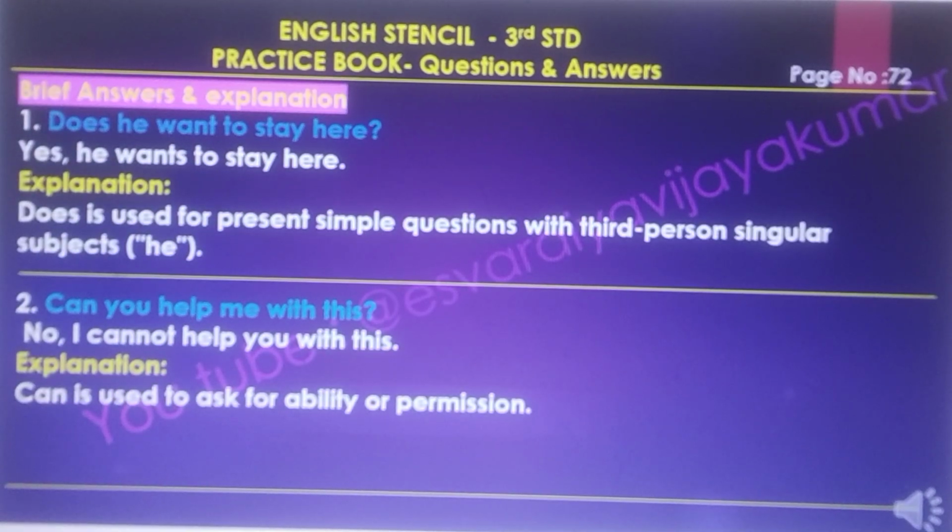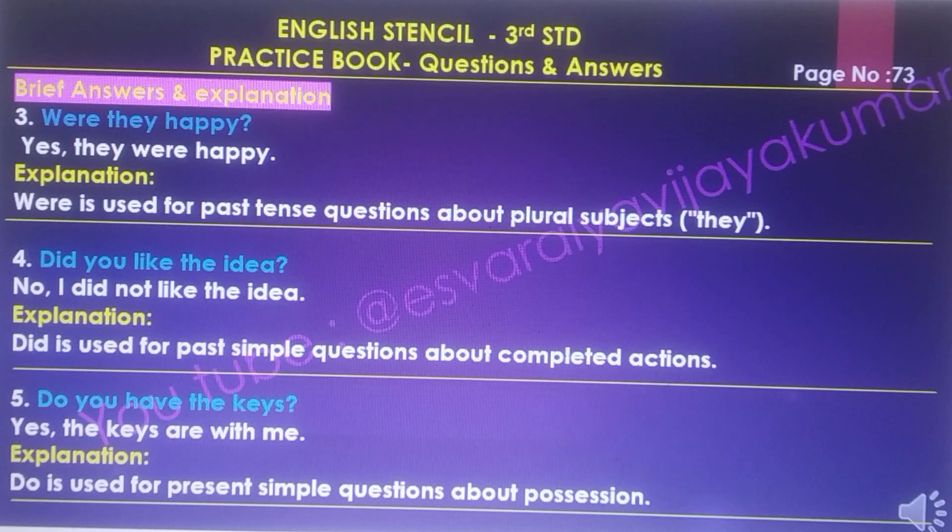The explanation of these questions: does is used for the simple present tense with the third person singular subject he. Can you help me with this? No, I cannot help you with this. Can is used to ask about ability or permission. Were they happy? Yes, they were happy.